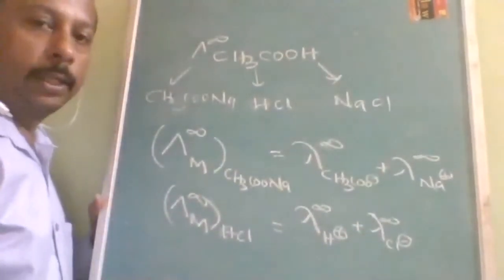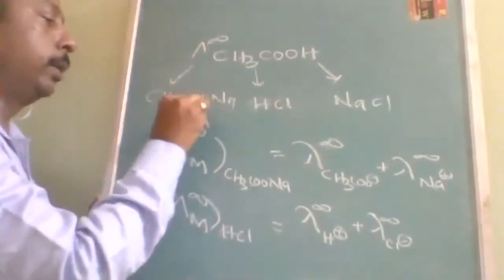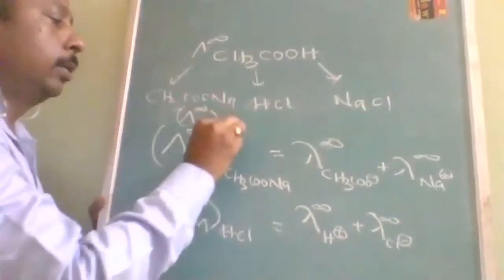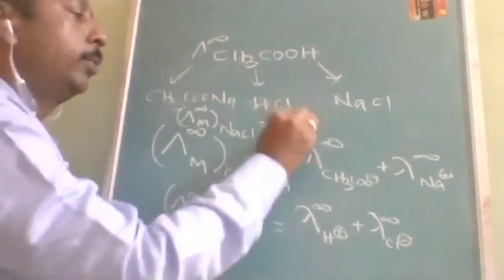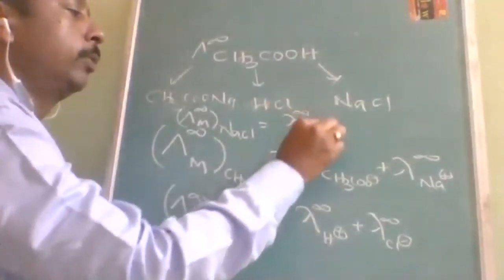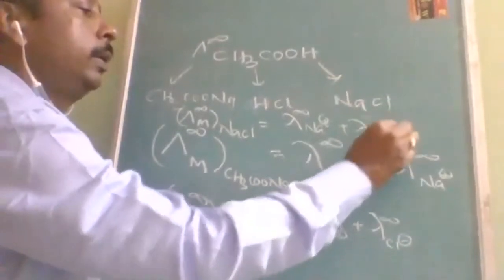And the third equation we can write for NaCl: molar conductivity at infinite dilution of NaCl is equal to lambda infinity of Na positive plus lambda infinity of Cl negative.